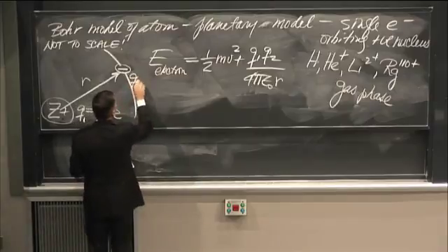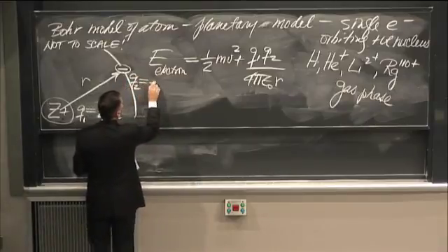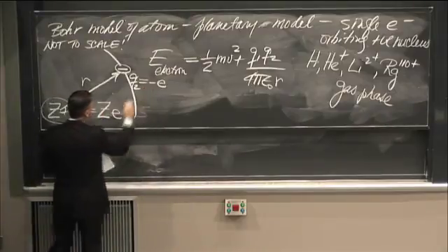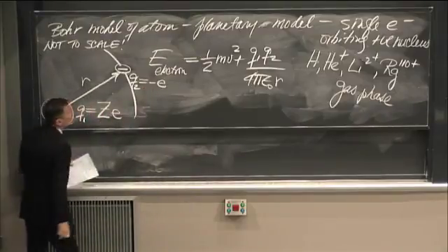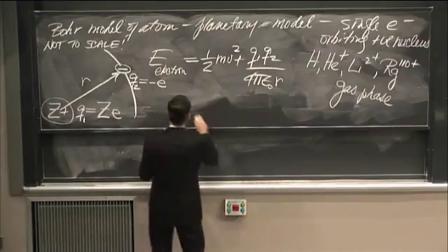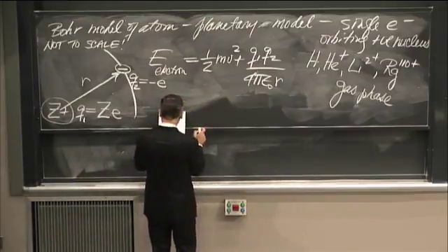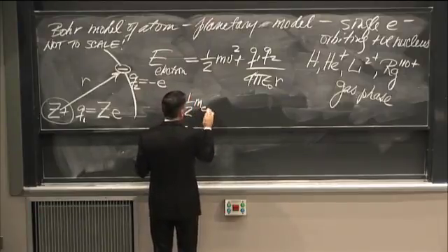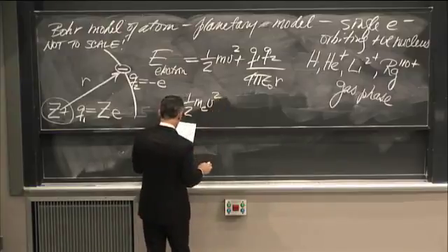And then Q2, which is the charge on the electron, is minus the elementary charge E. So we're always going to have minus E out here. What varies is Z. And so we're going to make some substitutions here. This is going to be one half the mass of the electron times the velocity of the electron squared.